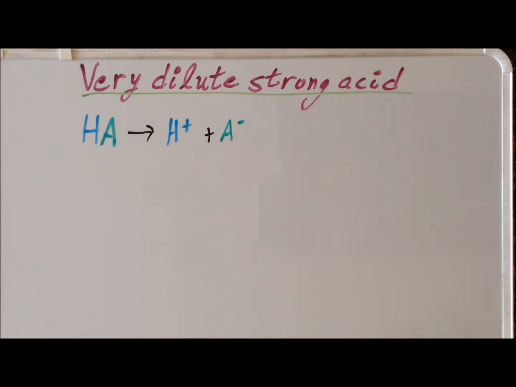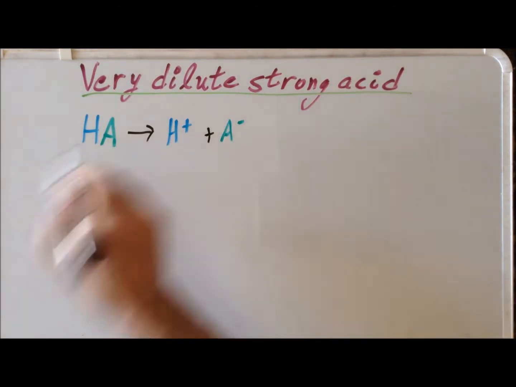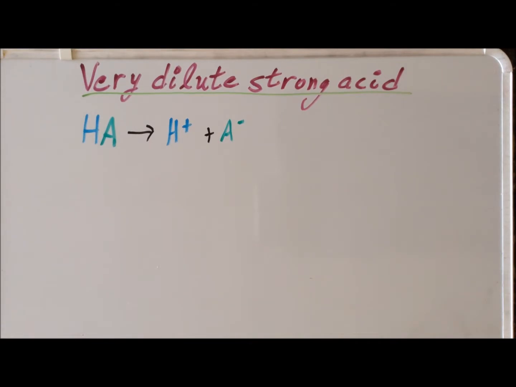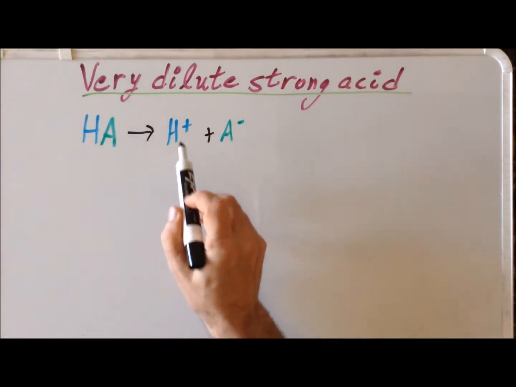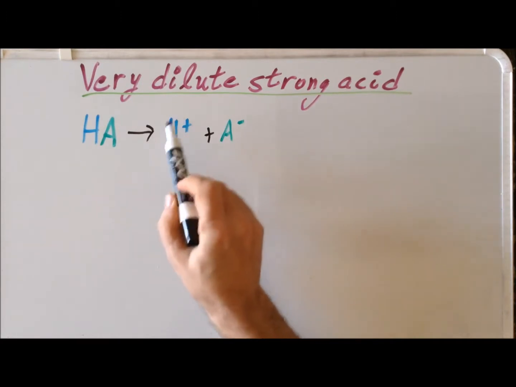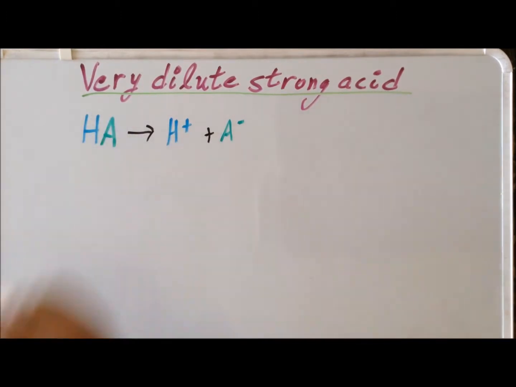Recall also that if the acid is dilute, then the only major source of hydrogen ion is the acid. Now we should know that there is a second source of hydrogen ion, which is the aqueous solution itself, but so long as the concentration of HA is greater than 10 to the minus 7, then the only important source of H+ will be the strong acid.